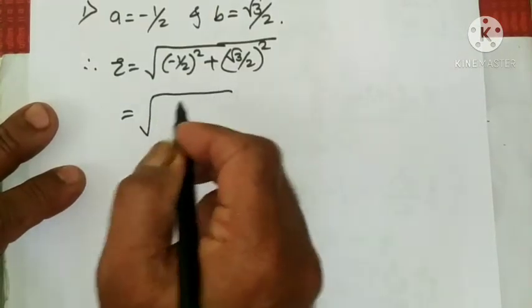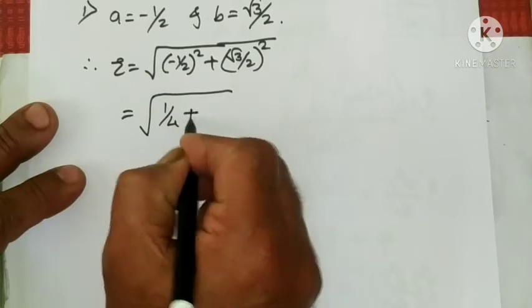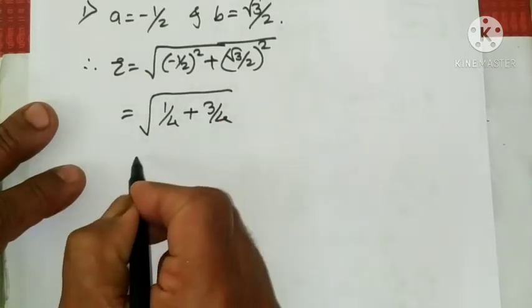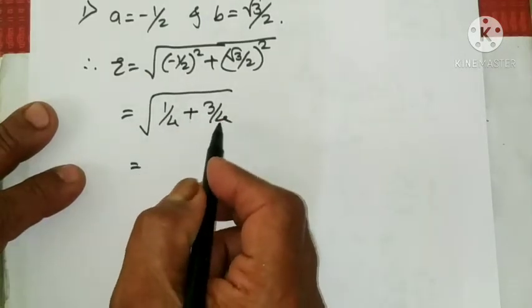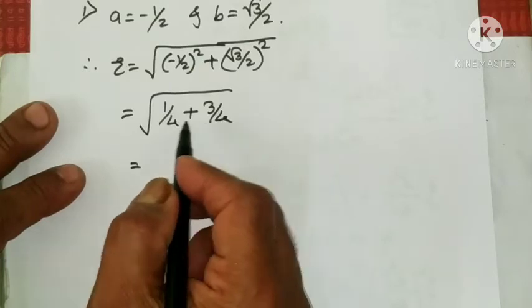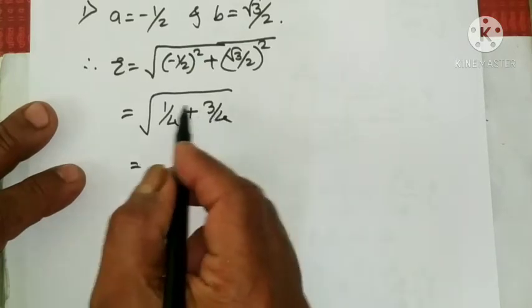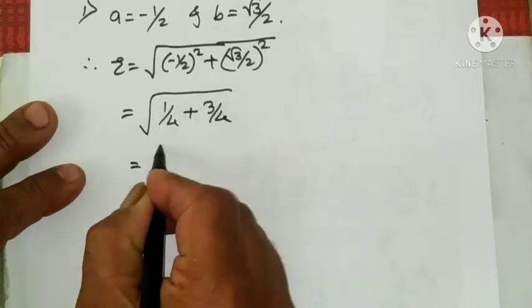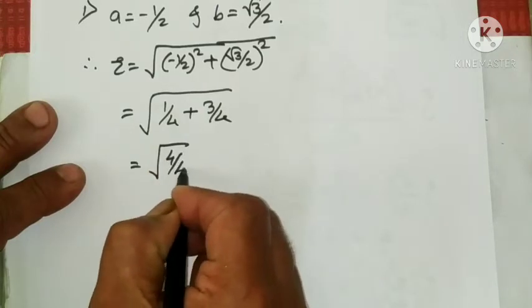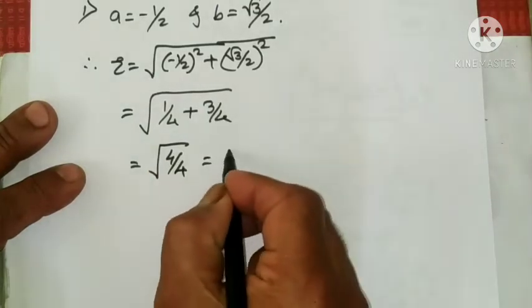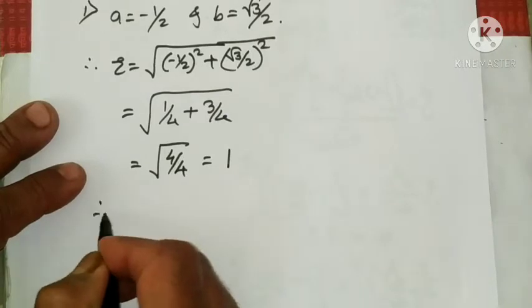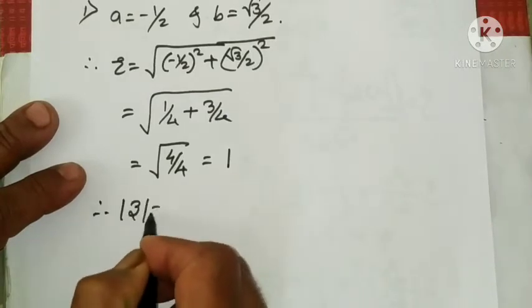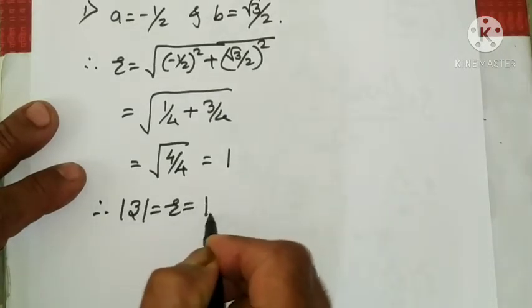Therefore, root 1 upon 4 plus 3 upon 4, LCM is 4, addition of the numerators, root 4 divided by 4 is equal to 1. Therefore, mod z is equal to r is equal to 1.